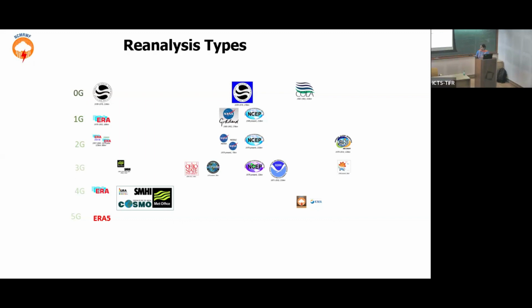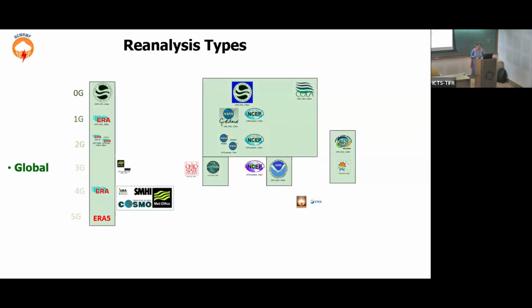And these are some of the generations of the reanalysis. There are many global reanalysis. So we have global reanalysis from NCEP, then from ECMWF, then from Japan, all those agencies, and we have the regional reanalysis.